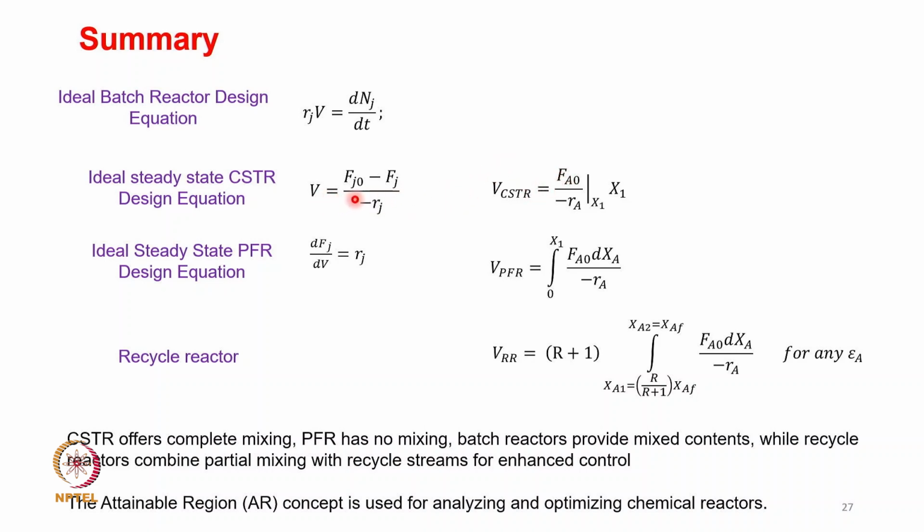For the CSTR, it is by plotting the Levenspiel plot and finding the area of the rectangle, while for the PFR it is again plotting the Levenspiel plot, and due to the integration it is an area under the curve. The recycle reactor is slightly more complicated, but you may be able to approximate the area as a rectangle, based on the area under the curve of this particular term multiplied by R plus 1.